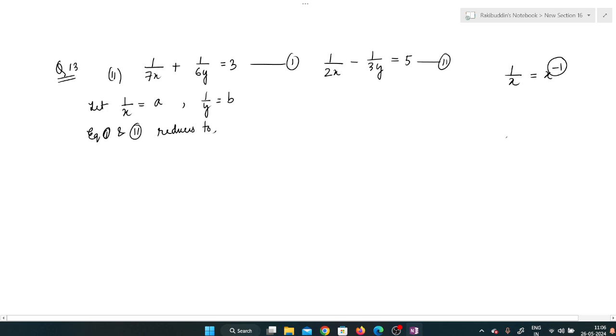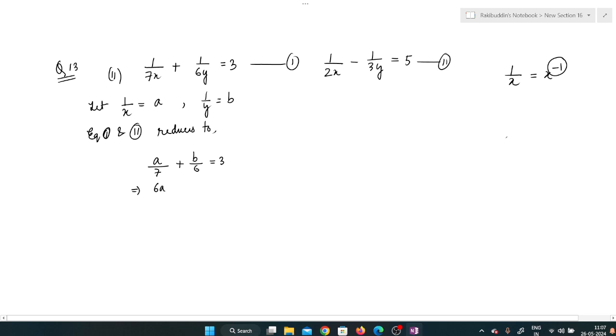See, 1 by x, if I ignore the 7, is a. So in place of 1 by x I will write a, and 7 is already there, so it becomes a by 7, and this will become b by 6 equals 3. Now here it does not end, just like the previous equation we will first find the LCM and simplify it a bit. 7 and 6 have only 1 as a common factor, so their LCM will be the multiplication of both, 7 times 6 is 42.